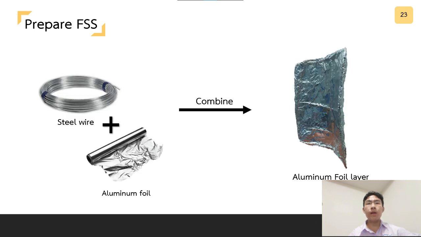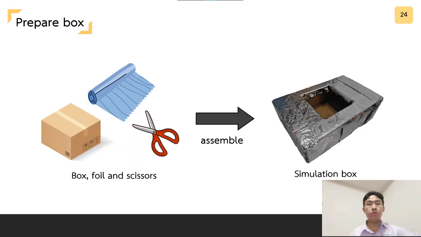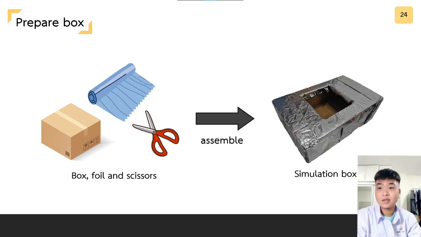Part 2. Antenna preparation. The second part involves preparing the antenna. This is done by shaping the wire into a rectangular fabric-like structure with dimensions of 25 cm in width and 27 cm in length.